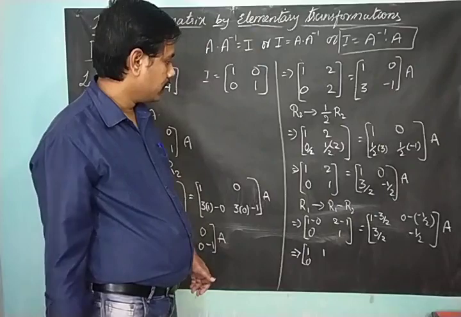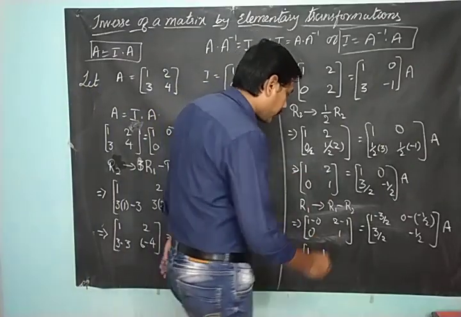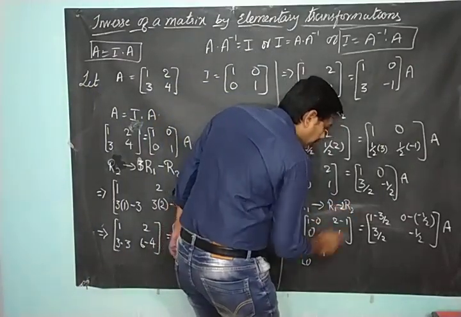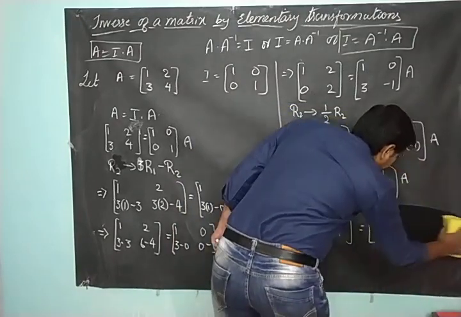Sorry. So we should get 0 here. R2 minus 2 R1. Okay.